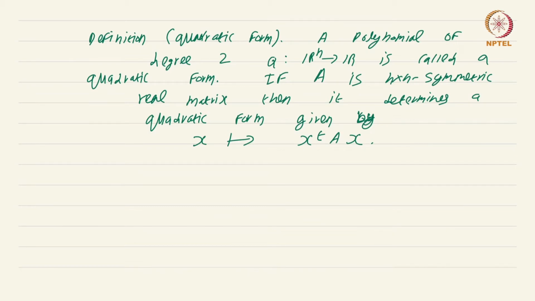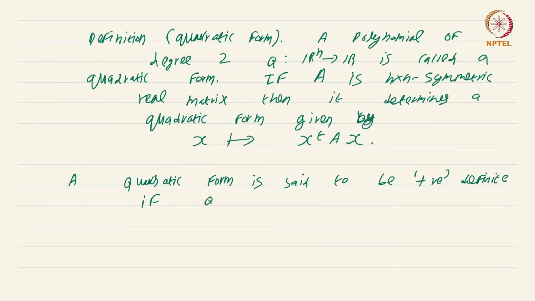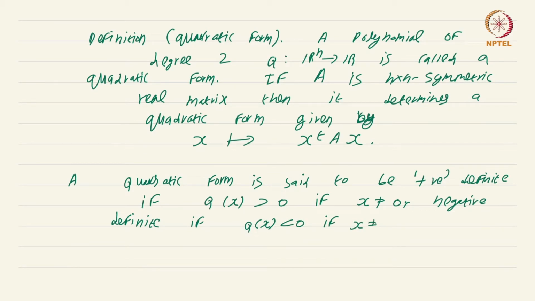Now the key fact that I need is this quadratic form being positive definite or negative definite or indefinite. A quadratic form is said to be positive definite if Q of X greater than 0 if X not equal to 0, negative definite if Q of X less than 0, X not equal to 0.